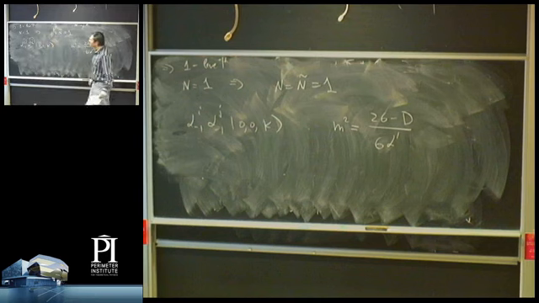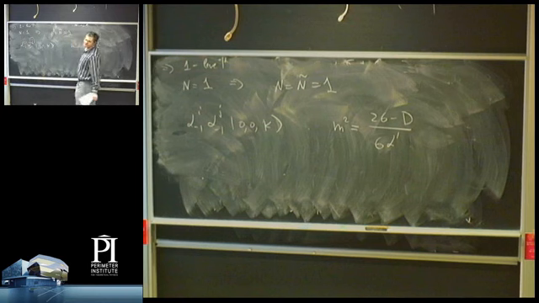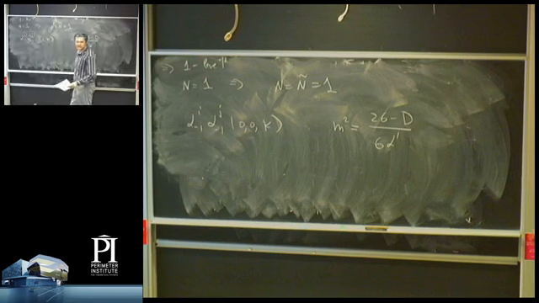One is the left moving, the other one is the right moving excitation. So here we have an object which transforms as a rank 2 tensor under Lorentz transformations, and the number of states that we have here is d minus 2 times d minus 2.